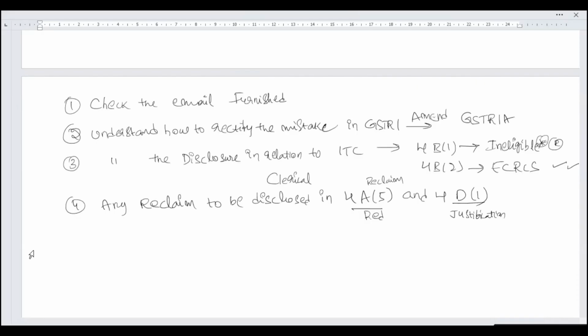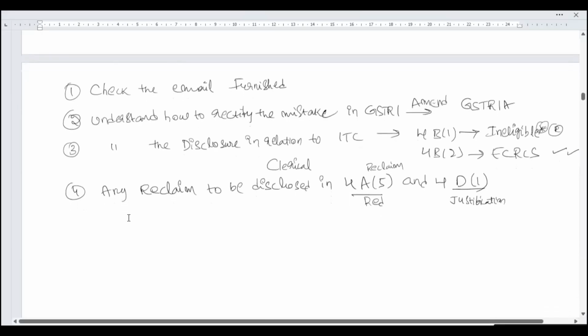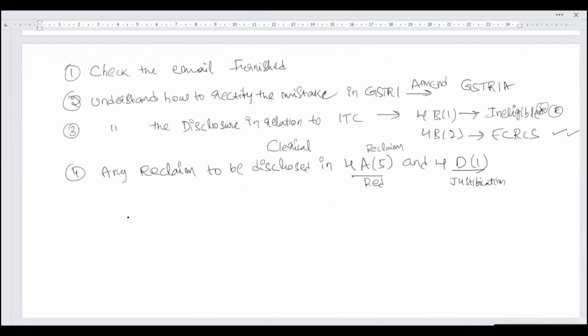Okay, I'll explain that. For the benefit of others, I'll explain this point this way. Say, one live case I'll explain.